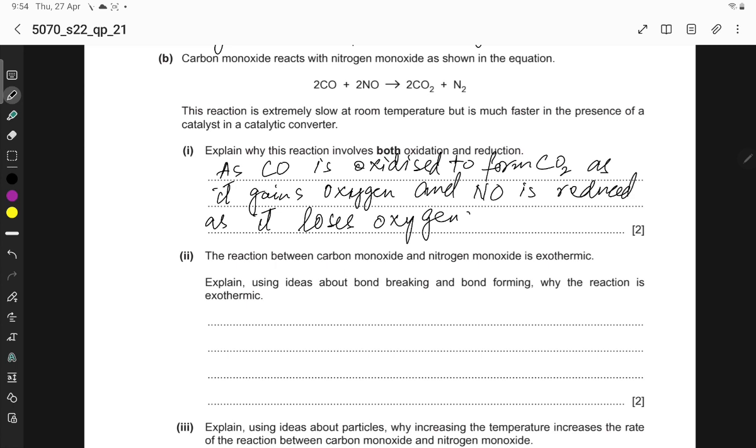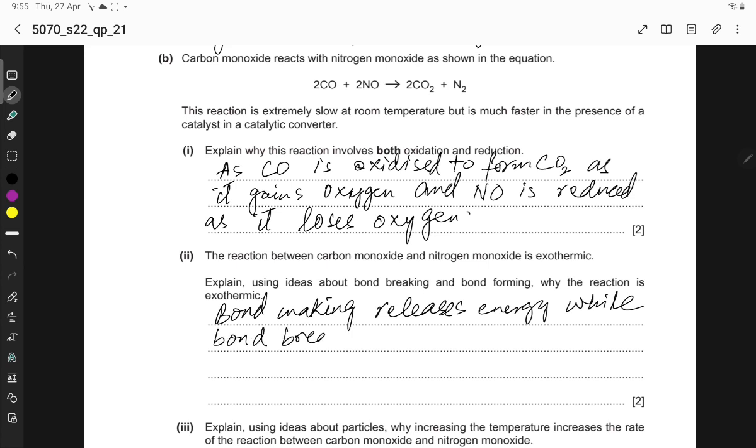The reaction between carbon monoxide and nitrogen monoxide is exothermic. Explain using idea about bond breaking and bond forming why the reaction is exothermic. Bond making releases energy while bond breaking absorbs energy.